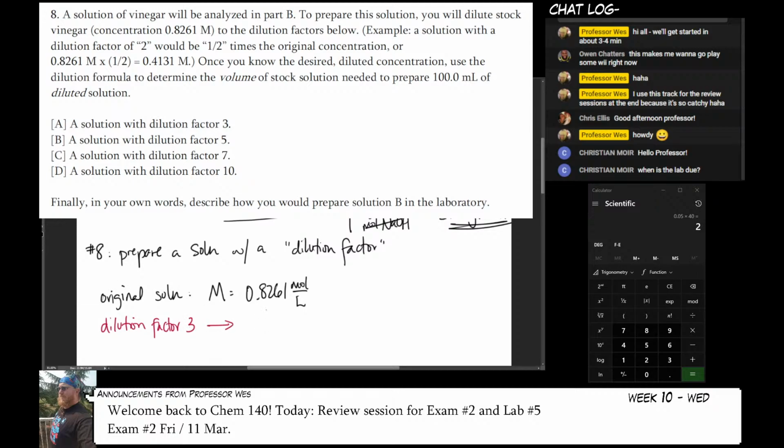then what you would do is take this number and divide it by 3. And so if we go over here and type it in the calculator, this is what I would get: 0.2754 moles per liter.